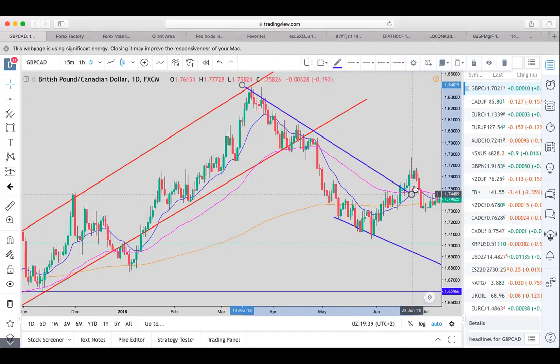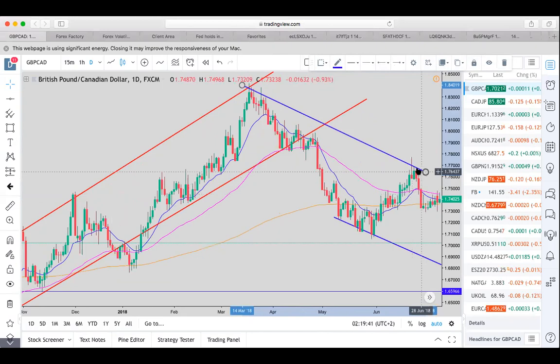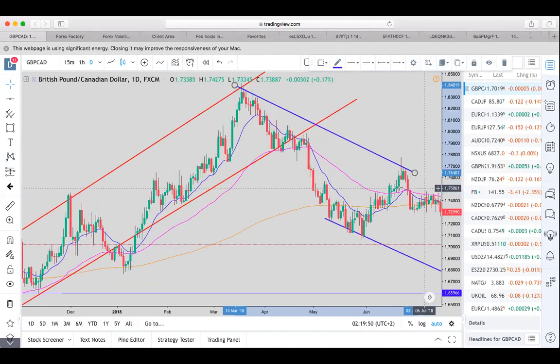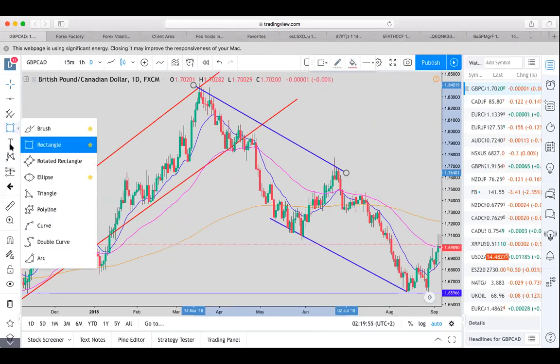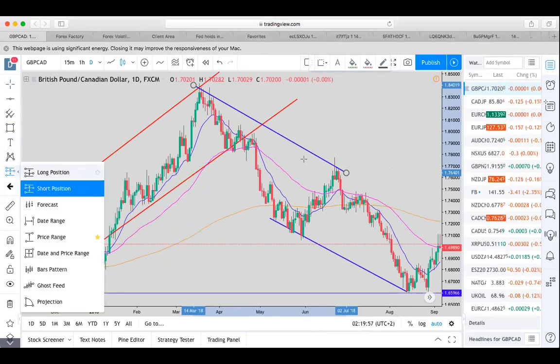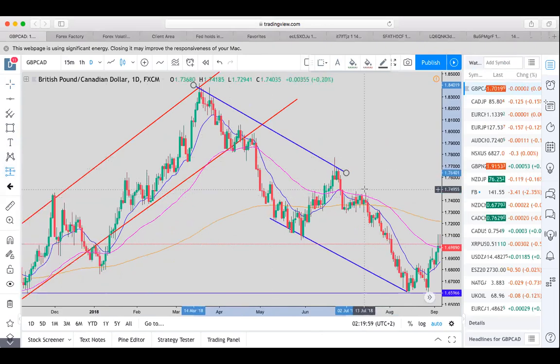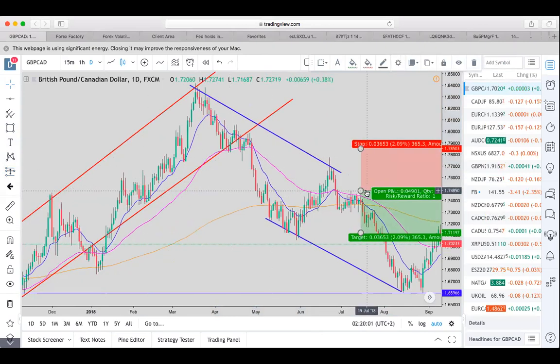Here is your confirmation. Pin bar, rejection, double confirmation in the form of a bearish engulfing, and boom, bada bing. So simple, yet so advanced.